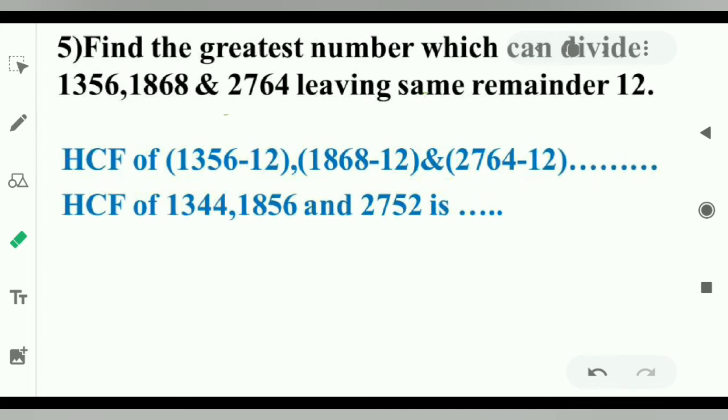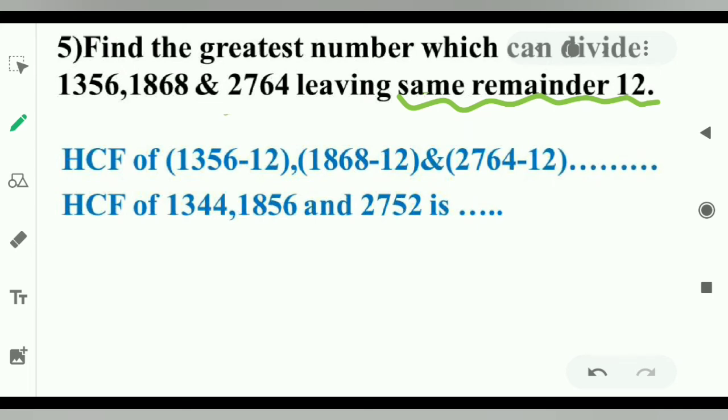I mean, it was exactly getting divided, right? We found the largest number which exactly divides all the three numbers. What is the procedure for that? We find the difference between first and second, second and third, and first and third, right? In case we are asked to find a number which divides all the three numbers leaving some remainder, say for example 12 in our case.